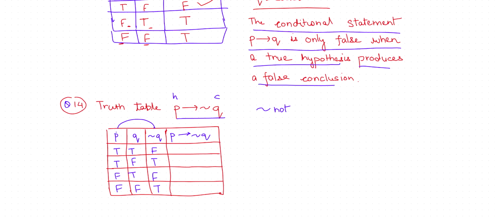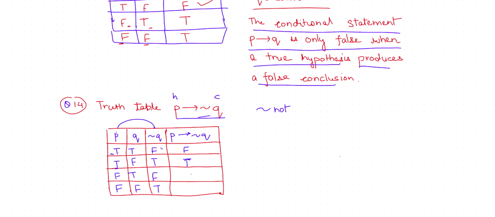So the only case is when P is true and not Q is false, and that gives false. So our first statement would be false, because a true hypothesis gives a false conclusion. The rest, when both are true or both are false, give true.